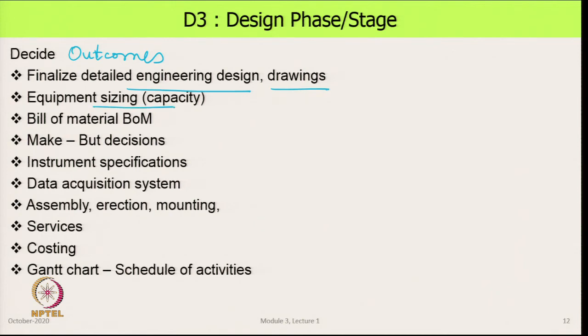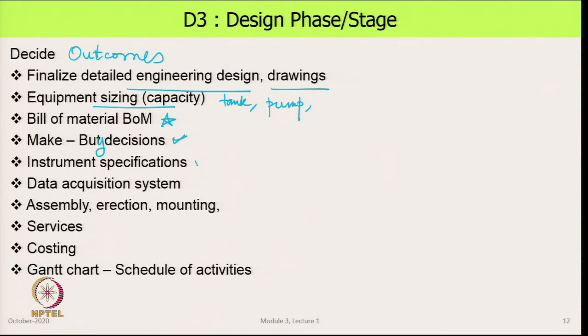We have sized all the equipment, like if we had a tank in which we are going to store something, we have that. If we are going to use a pump, we know well what is the capacity of the pump or the blower that we want. We have a complete bill of materials, from which we have also taken decision, which is what I will make and what I will buy.